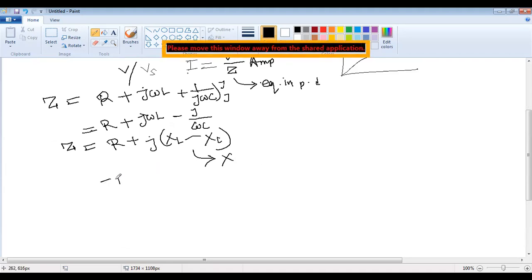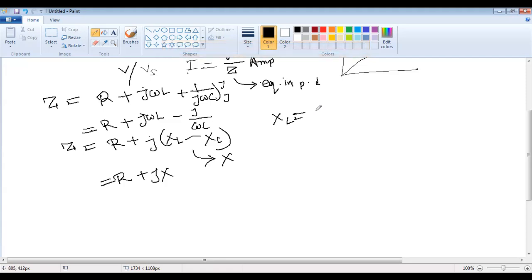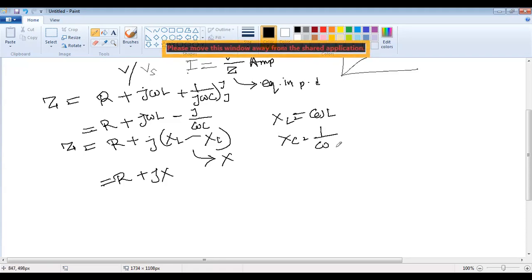So we can write Z equal to R plus jX, where XL is the inductive reactance and XC is the capacitive reactance. For better convenience, we can write XL equal to omega L, and XC equal to 1 by omega C. So Z equal to R plus jX.